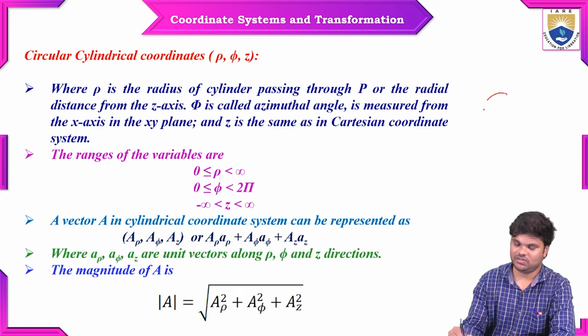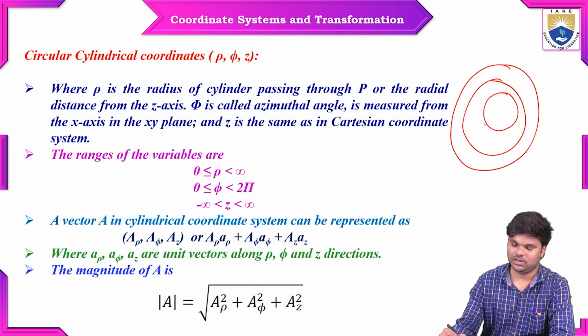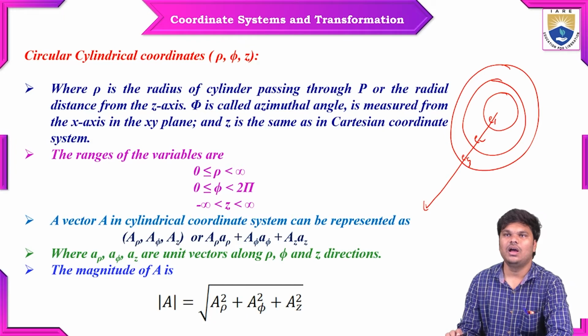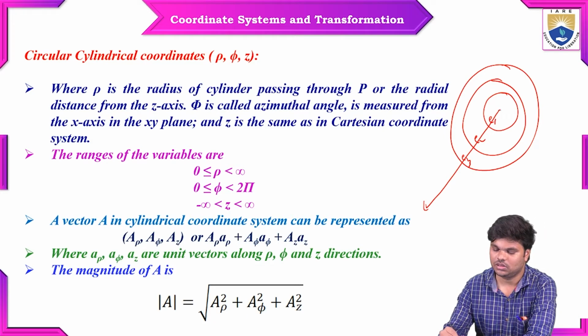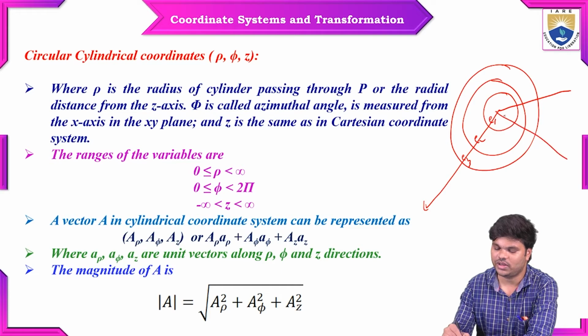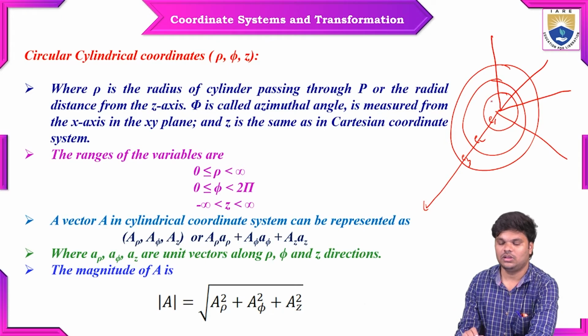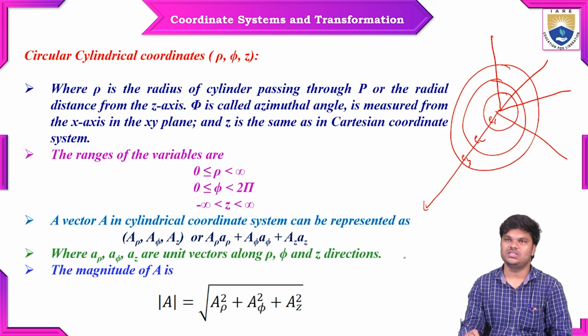See, let's take one ring. Let's take another ring. This one has rho 1, rho 2, rho 3. This is the rho axis. This is also the rho axis, because on the rho axis we have increasing values of rho.